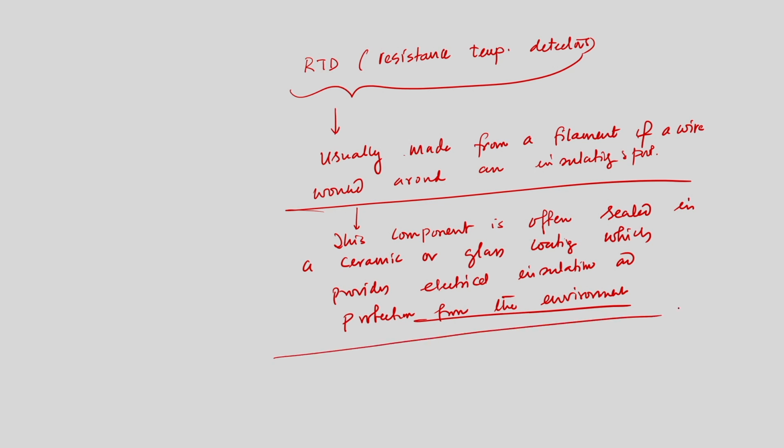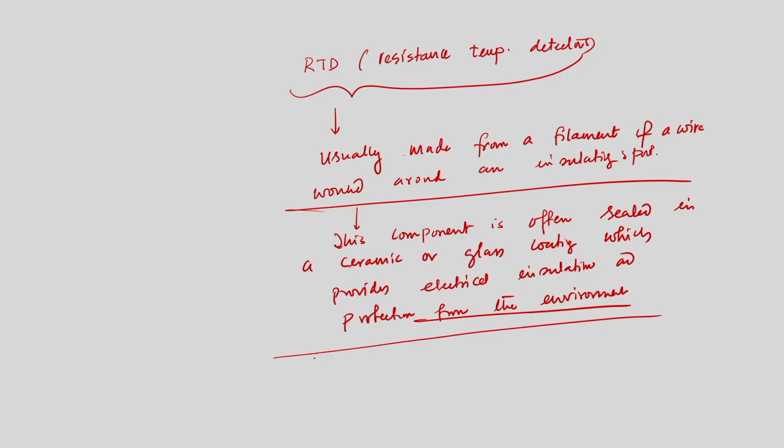So, the RTD, which is usually made from a filament of a wire, is very often sealed in a ceramic or glass coating which provides electrical insulation and also protects from the environment, and after calibration we can place this in a Wheatstone bridge using null deflection for the steady temperature, and the deflection bridge for fluctuating temperature.